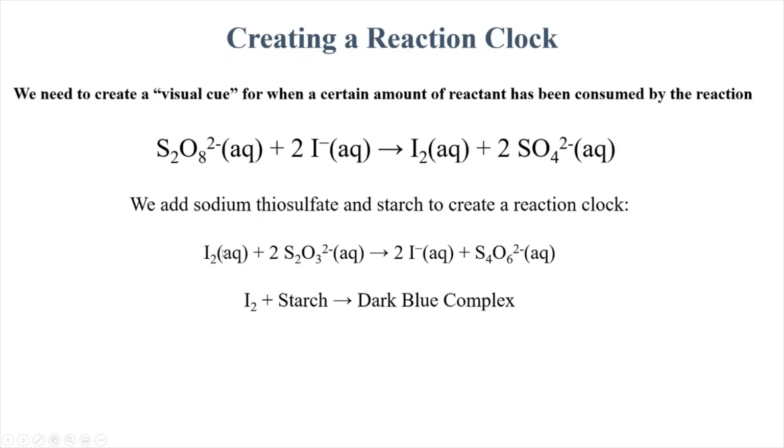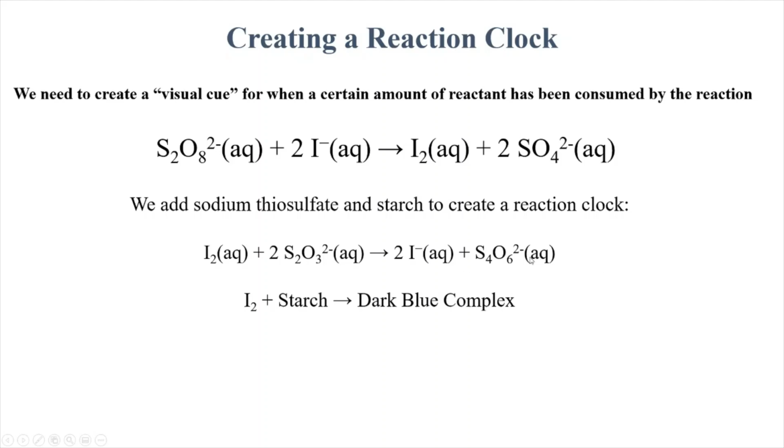So in essence, even though this reaction is producing I2, as long as the sodium thiosulfate is present, we're never going to generate any I2 that's in the solution. All of that I2 is going to go back to I-, and it's going to go back into the beginning and start again as a reactant. So this S2O3 2-, the sodium thiosulfate we're adding, is going to consume all of the I2 that's produced and bring it back to its initial reactant.